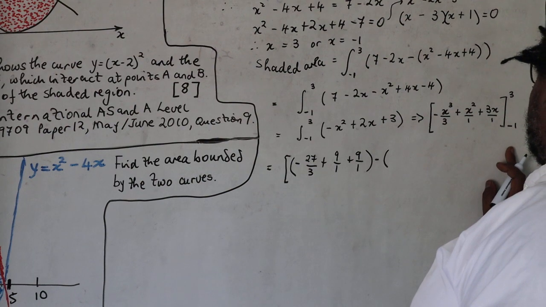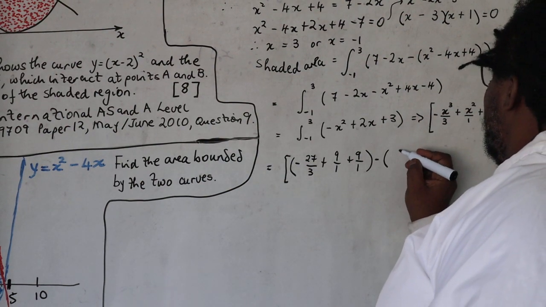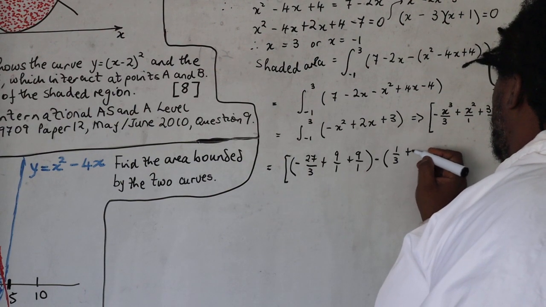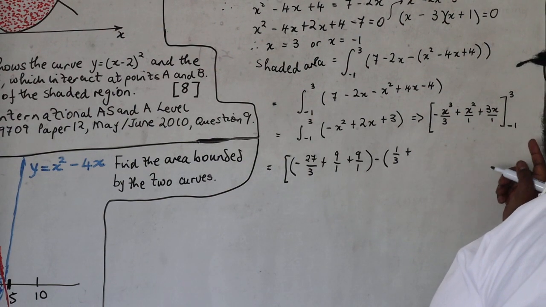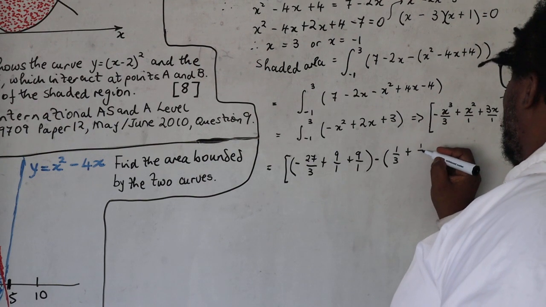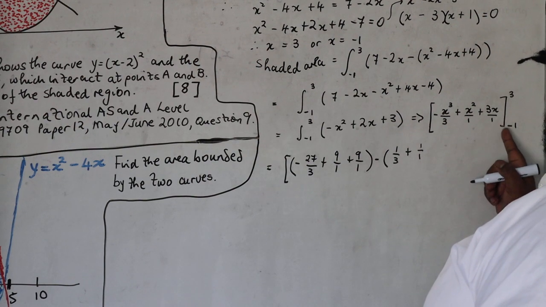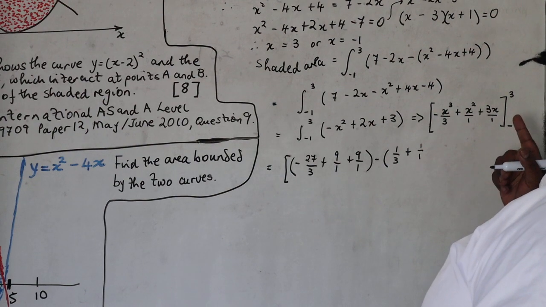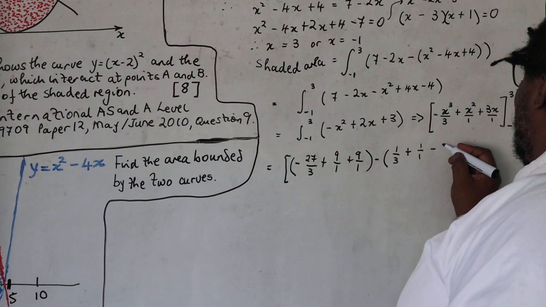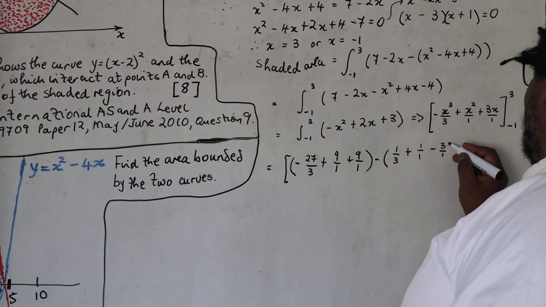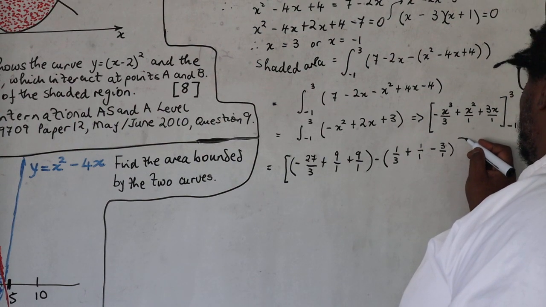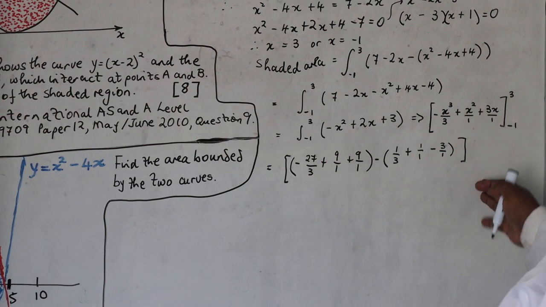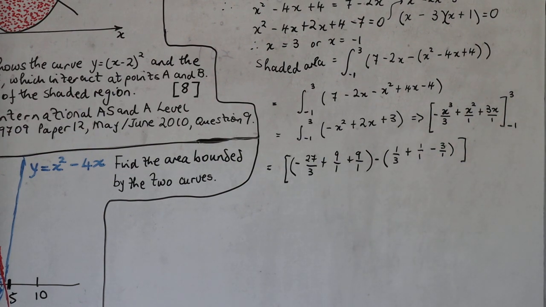Minus 1 to the power 3 is minus 1, so this becomes 1 over 3 plus minus 1 squared becomes 1 over 1, minus 1 times 3x, minus 1 times 3 becomes minus 3 over 1. Close bracket and our square brackets. We no longer put the limits because we've already substituted there.